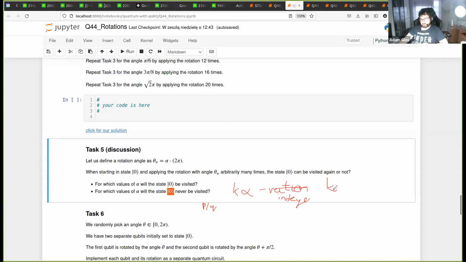But if k alpha is an integer, say p, then p over k would be rational. But we just assumed that alpha is not rational. So we get a contradiction. So for irrational numbers, 0 will never be visited.